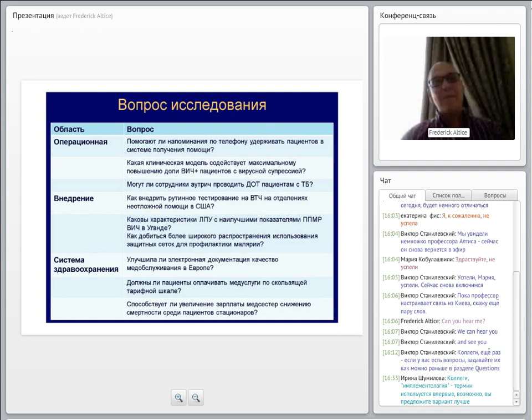The implementation science issues might be, for instance, how do you implement routine HIV testing in emergency departments? One of the recommendations that we got from our government was that we should do this in every emergency setting.